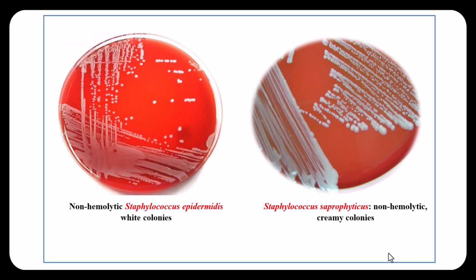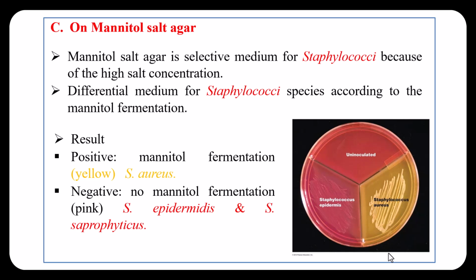While, as I mentioned, saprophyticus and epidermidis do not produce hemolysis on blood agar because they don't have the hemolysin enzyme. The selective and differential media for staphylococci is mannitol salt agar. This media is important because it is selective for Staphylococcus species, as only Staph species can grow on it.